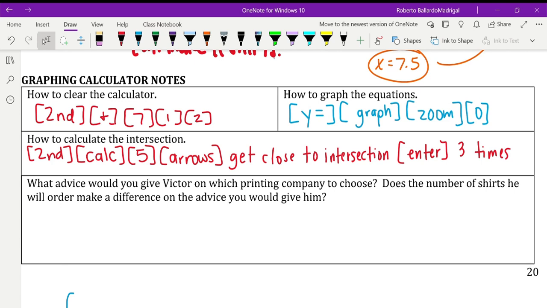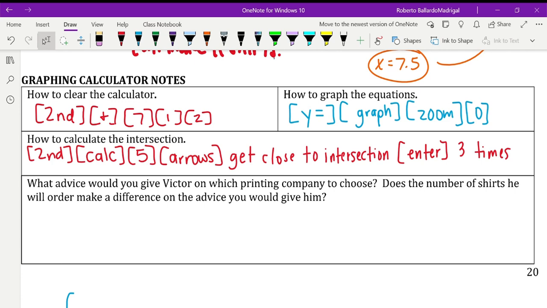All right, let's try the following. On your calculator, look for the top left button, the topmost left button that says y equals, and click it. Y equals at the very top. Okay, you're going to type in the equations. I'll show you right now.